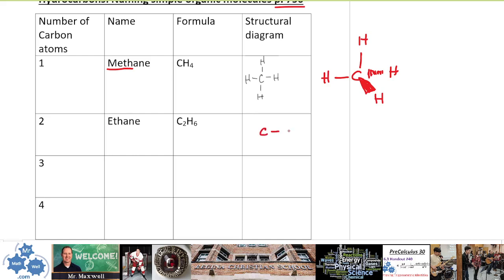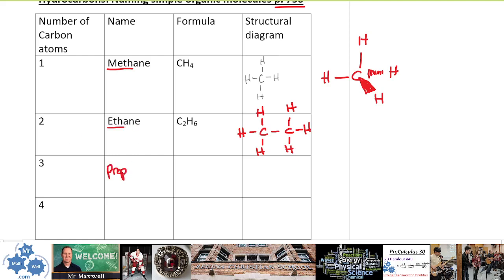I won't draw 3-dimensionally for these now, but the 2 carbons should also have a full octet around them, 4 bonding, 4 electron dense areas, and if it is completely saturated with hydrogens, as this is, then you would have 2 carbons and 6 hydrogens. That's ethane.